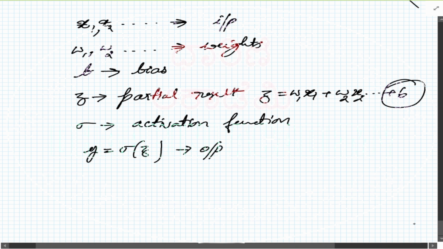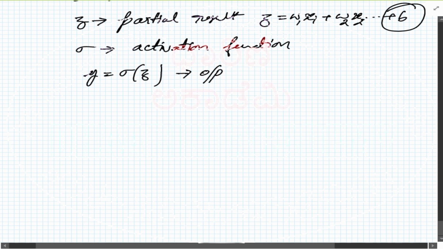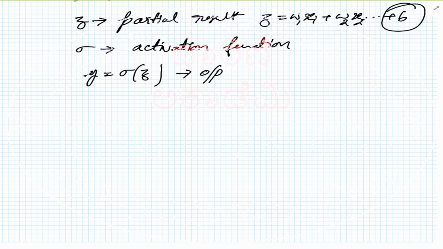So the answer is like this. Anyway, let's go back to the drawbacks of machine learning first. I asked you a question. You studied a few of the machine learning algorithms, and what do you think? Will there be any drawbacks? I cannot say there are no drawbacks because no algorithm is perfect.